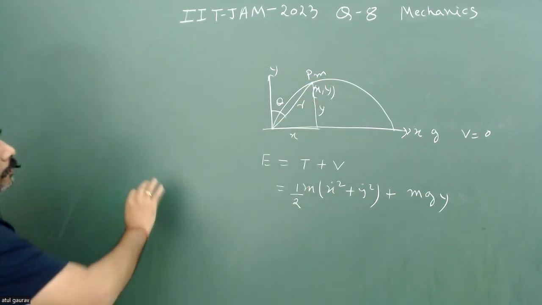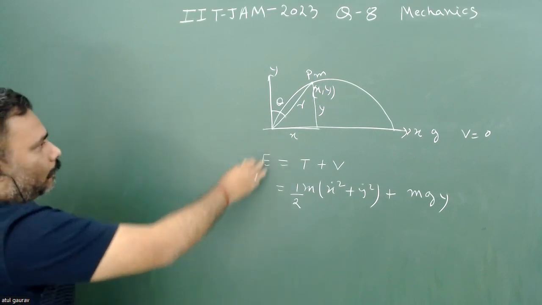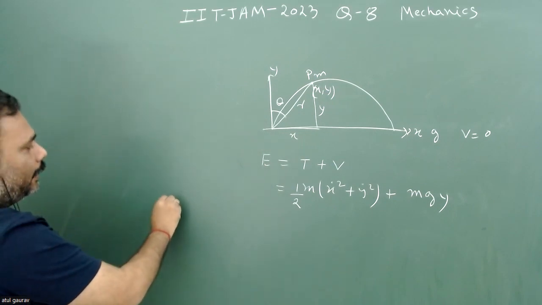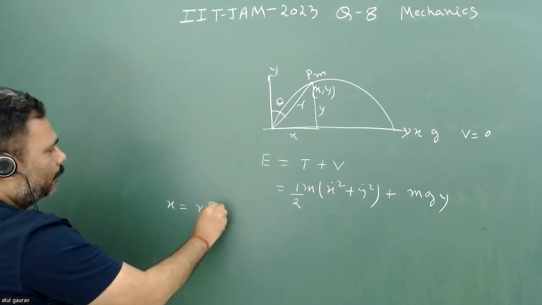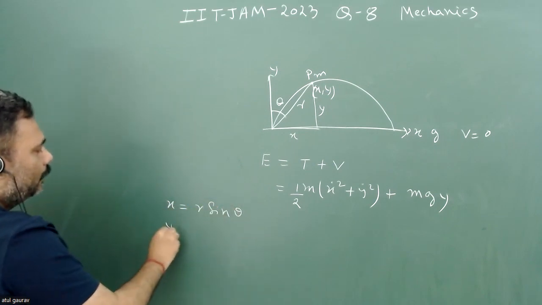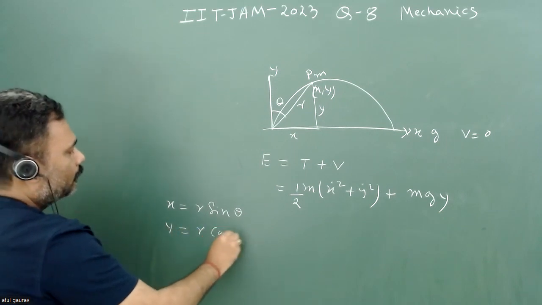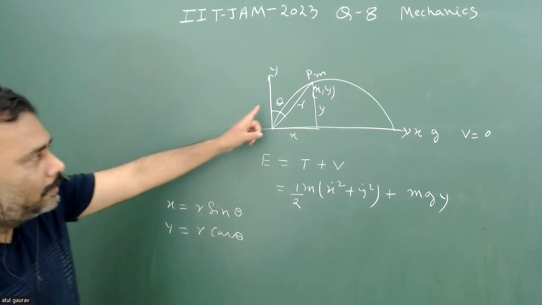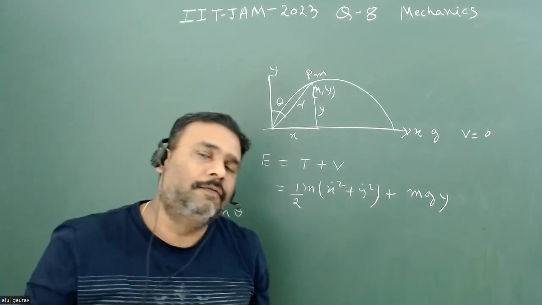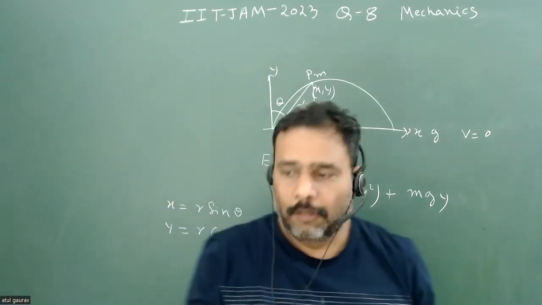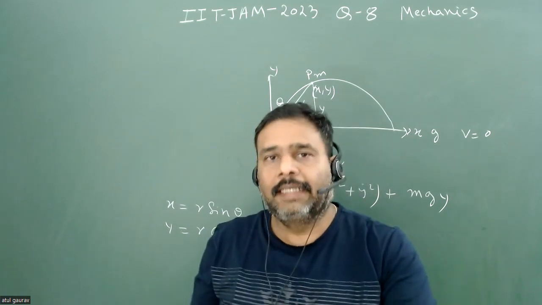So we can easily transform the coordinates, and x is nothing but r sin theta, and y is nothing but r cos theta. And because theta is given with respect to the y-axis, this is another catch. In general, when we do the polar coordinate system, we take the angle with the x-axis.